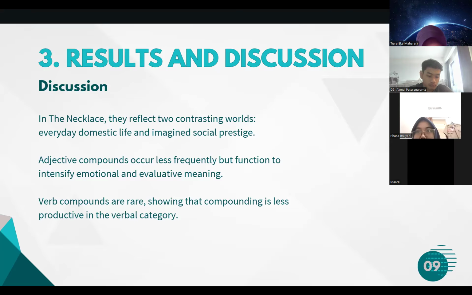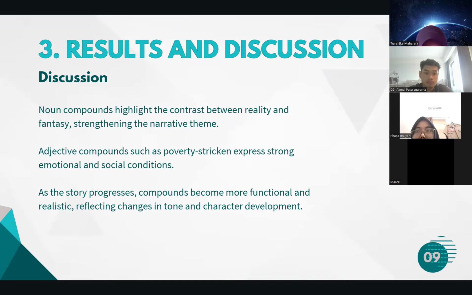Noun compounds highlight the contrast between reality and fantasy, strengthening the narrative tone. The adjective compounds such as poverty-stricken express strong emotional and social condition. As the story progresses, compounds become more functional and realistic, reflecting change in tone and character development. Next slide will be explained by Rahmalya.